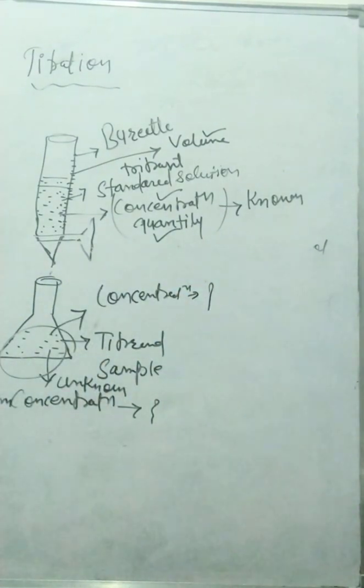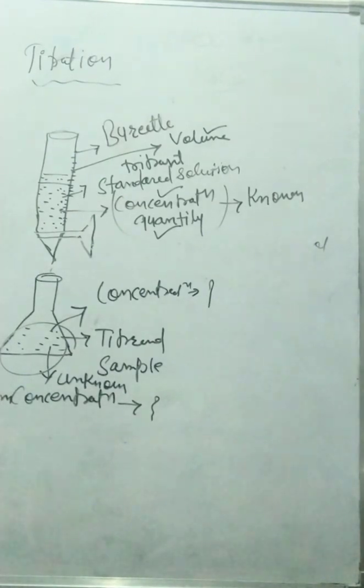Okay, so what do you understand by the titration? So titration, there is a solution for which we know the concentration and volume. By the help of that we have to determine the concentration of that solution for which we know only the quantity. This is called the titration. So there is one solution that is standard solution.